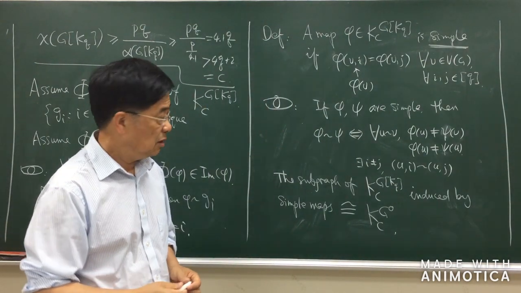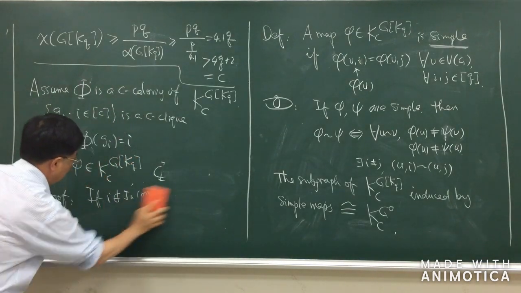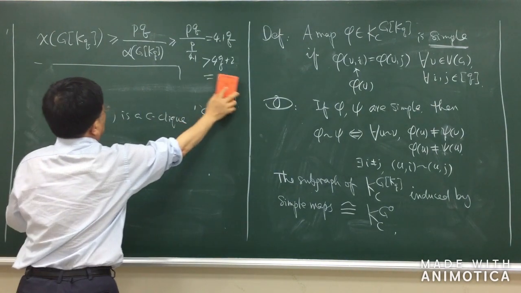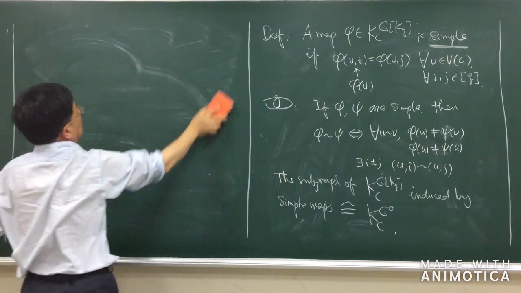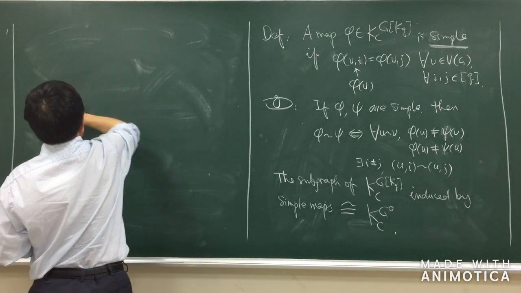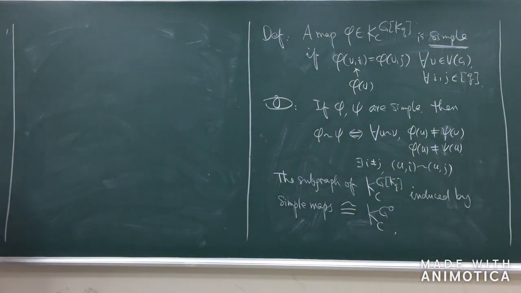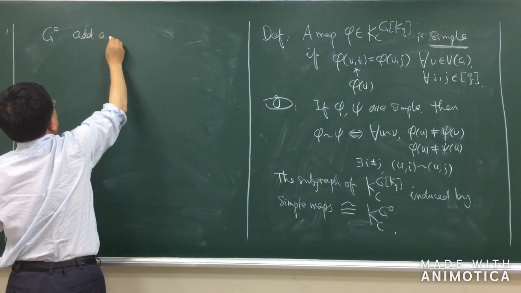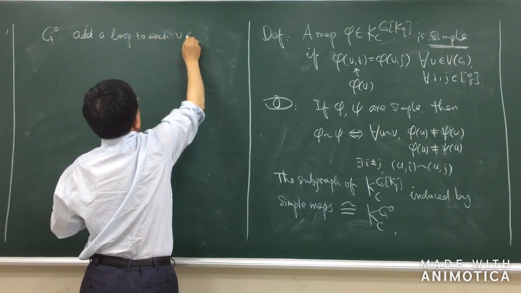So G_0 is to add a loop to each vertex v belonging to G.